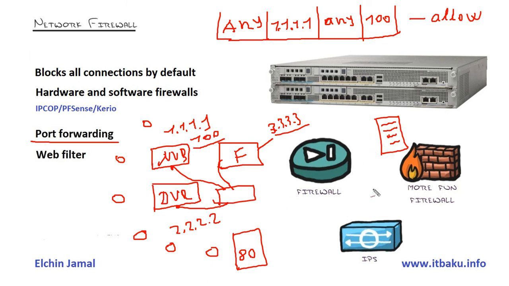So in this case, I also create a port forwarding rule, allowing access from any address to this web server's IP address, for instance 4.4.4.4, from any port to destination port 80.